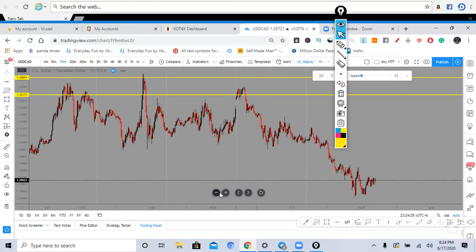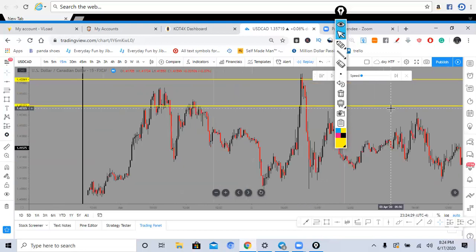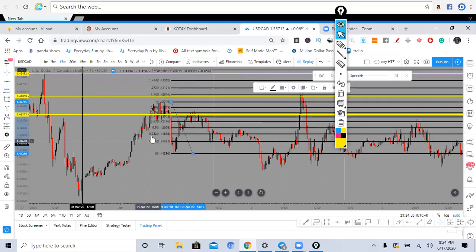Here we go. So price hits there, breaks lows. You could have been short there. Dropped 163 pips.